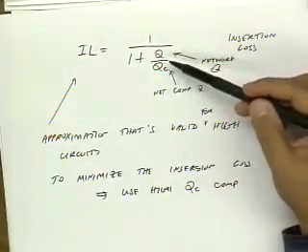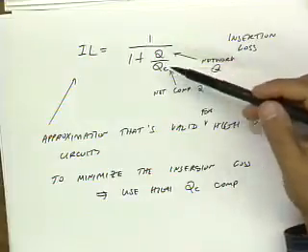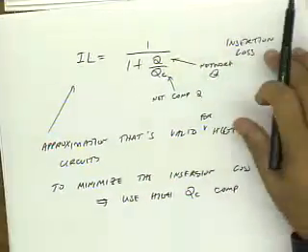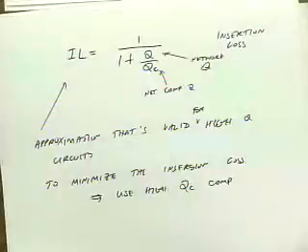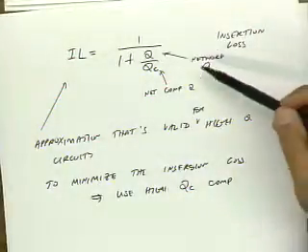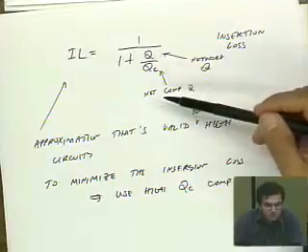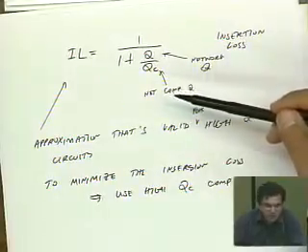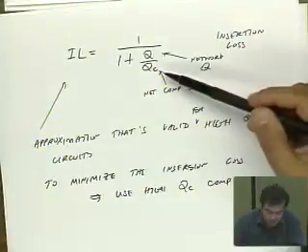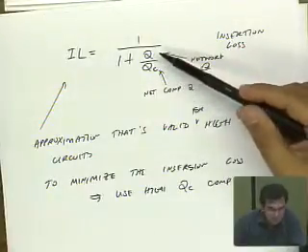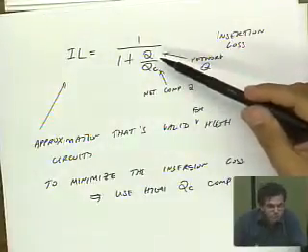So if someone tells you that, hey, I'm designing a matching network and my quality factor is 2, should I use a QC of 1,000 or should I use a QC of 100? You would say, don't spend your money on that expensive component that has a QC of 1,000 because your network quality factor is only 2.